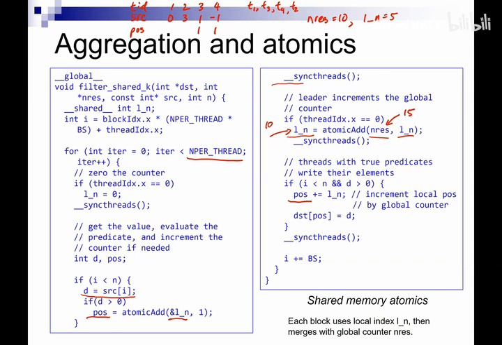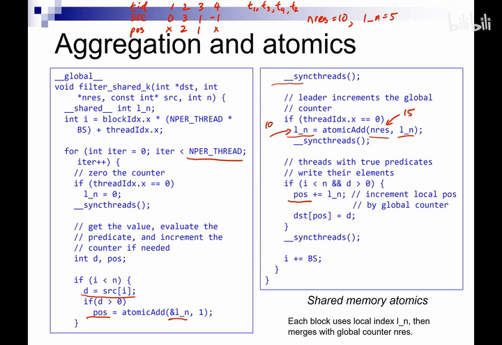Thread 1 doesn't actually do this operation, so it doesn't even get a position. I'll just write an X over here. Thread 2 runs last, and since he's got a positive value, he's going to run this atomic add over here, add 1 to ln, and get a value of 2.